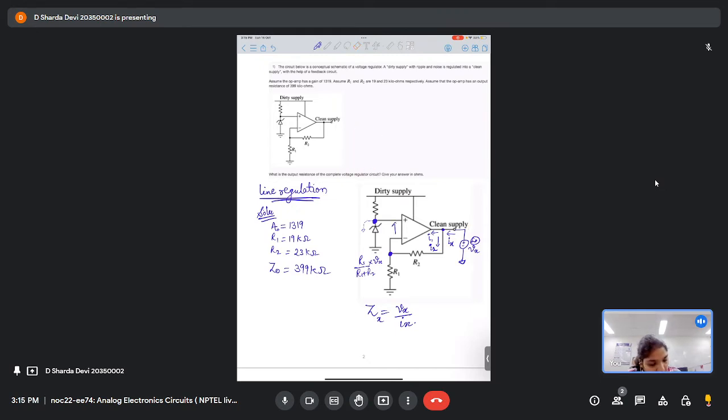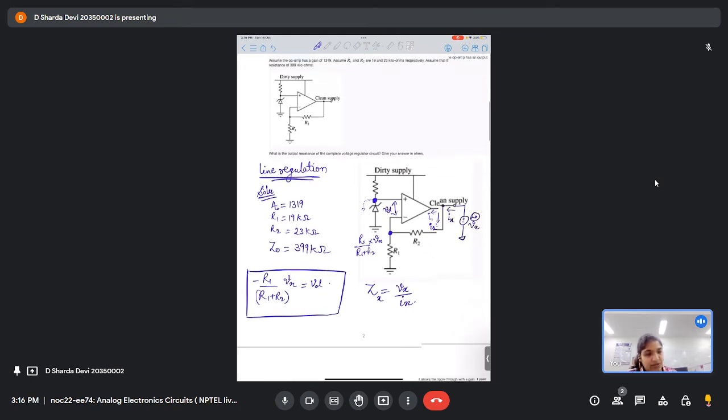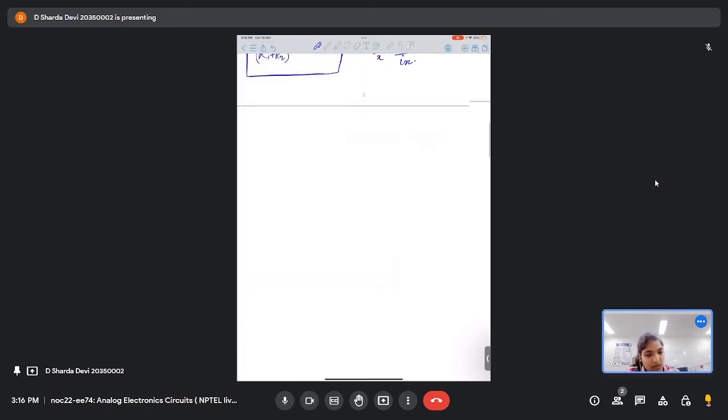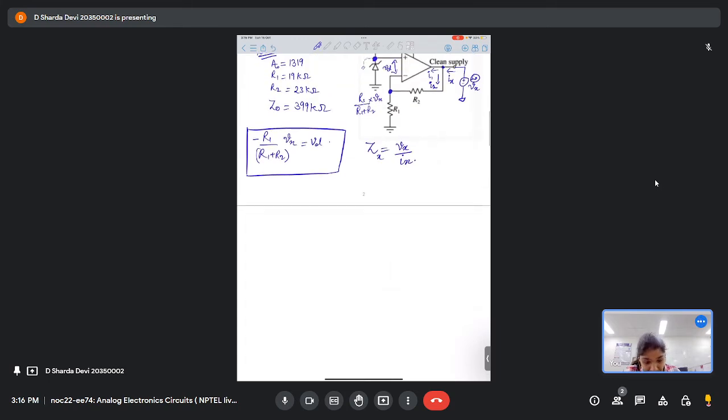So in that case, if we try to find out what is VD, VD turns out to be minus of R1 upon R1 plus R2 into Vx, right? So this is VD. Now we have got VD.